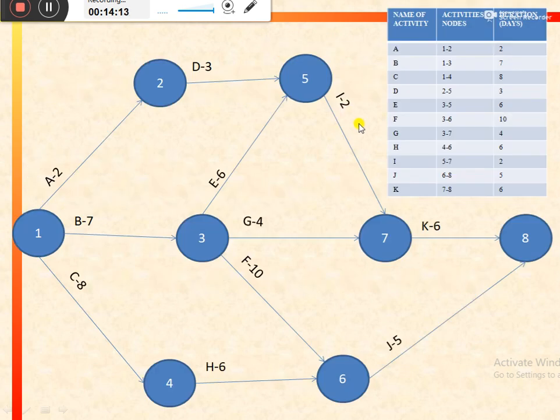This is the diagram that we have drawn in the first step. Now we will need to calculate the earliest start time and earliest finish time of different activities.